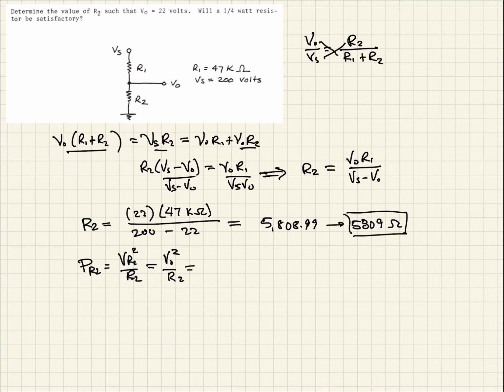If we plug those values in, that will be 22 squared divided by 5809. When we plug that into the calculator, we should get 83.33 times 10 to the minus 3 watts, which is the same thing as 83.3 milliwatts.